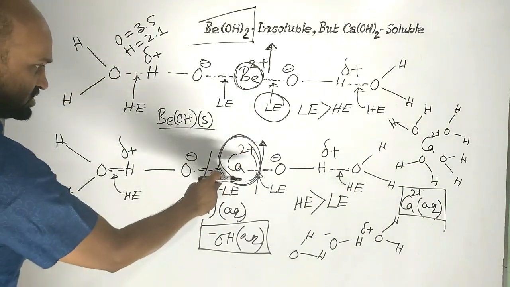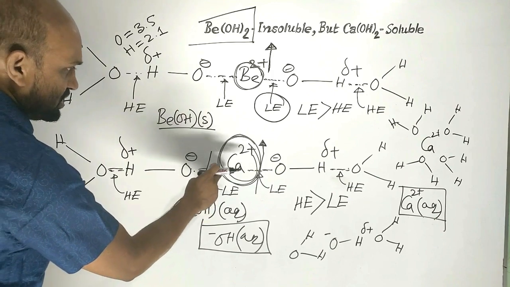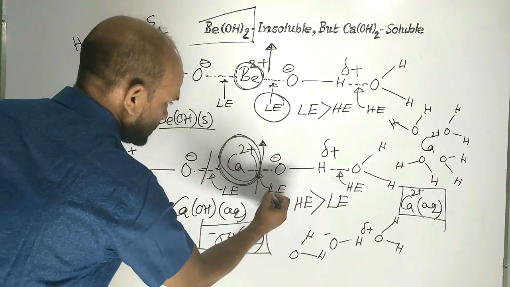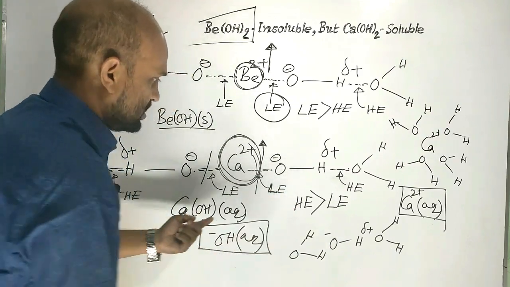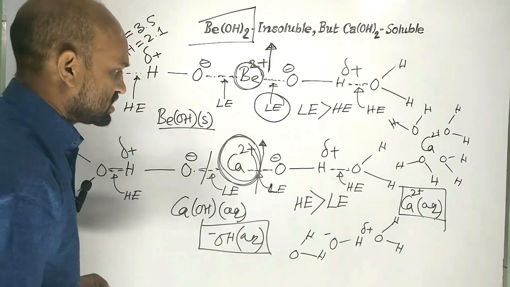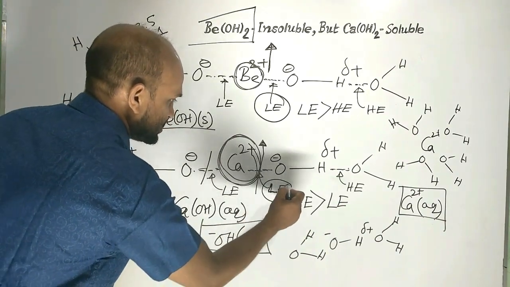But in case of calcium hydroxide, due to the lower density of positive charge, lattice energy is lower here. And for this reason, hydration energy can overcome the lattice energy.